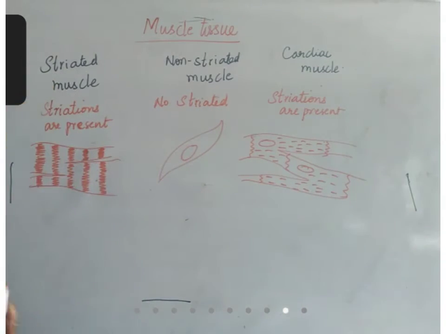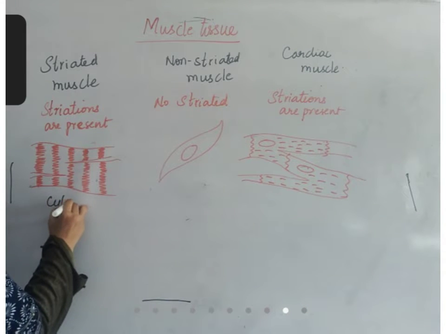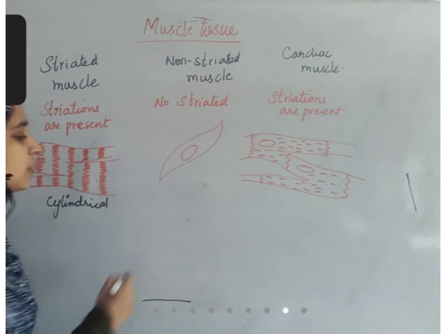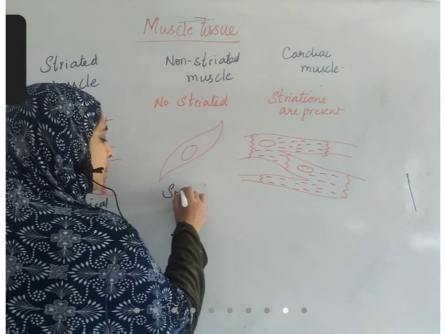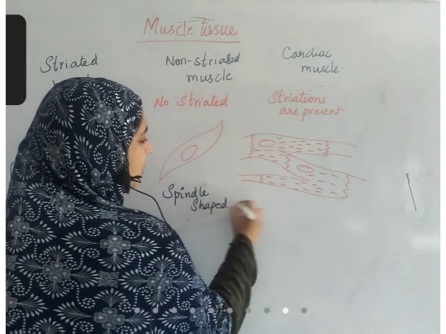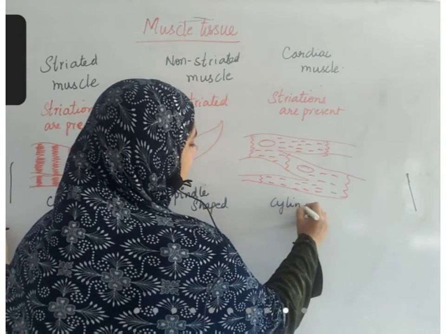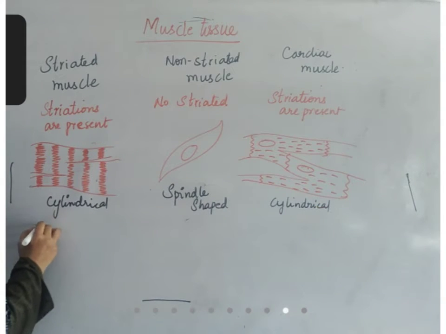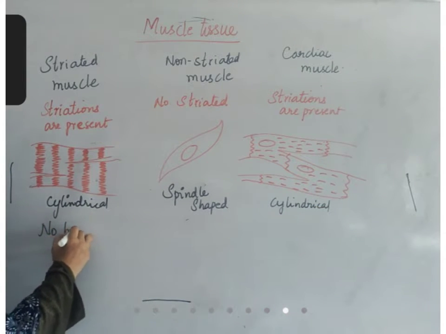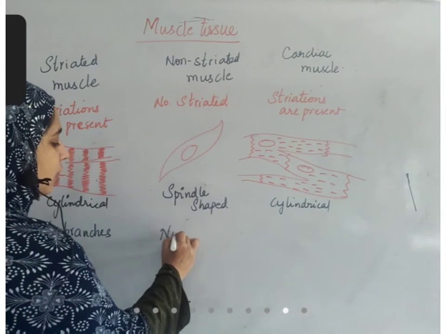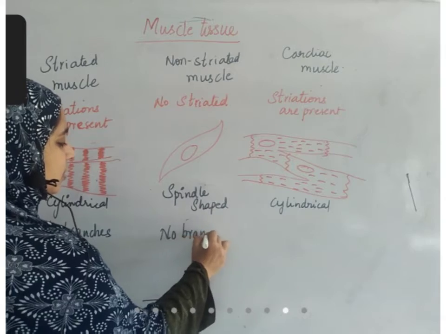What is the shape? This is cylindrical in shape. This one is spindle shaped. This again is cylindrical in shape. Is it branched? No branches. Is it branched? No branches.